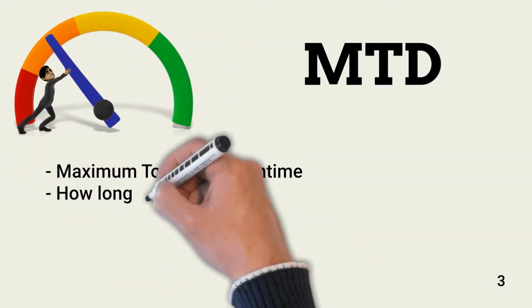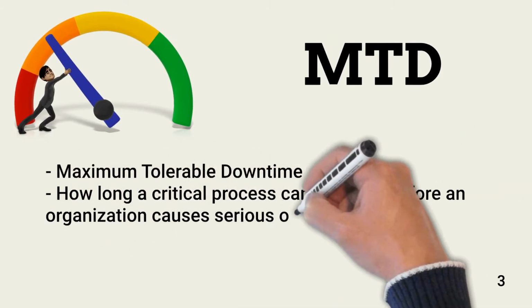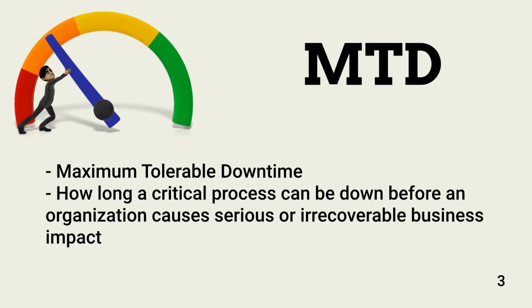Maximum tolerable downtime, or MTD, is a key metric in business continuity. It is the length of time a critical business function can be down before an organization incurs significant impact, an impact it may not recover from.